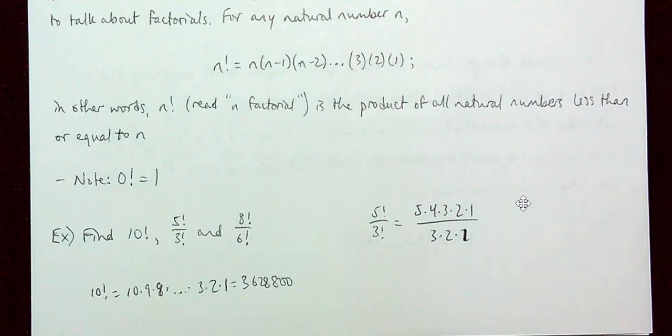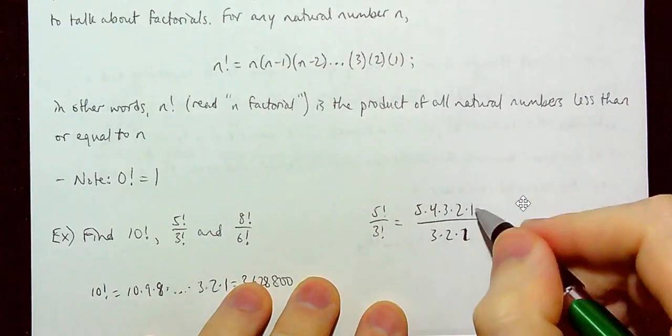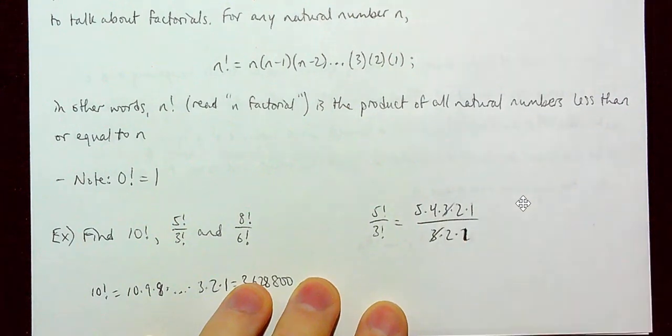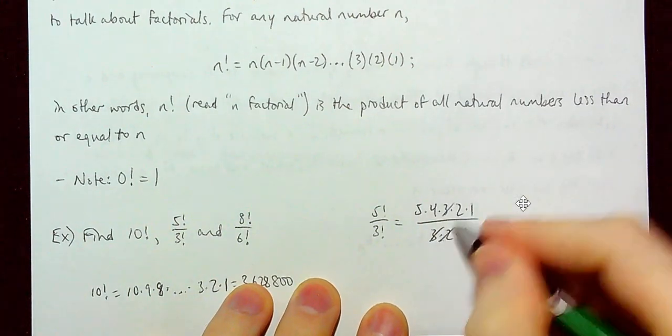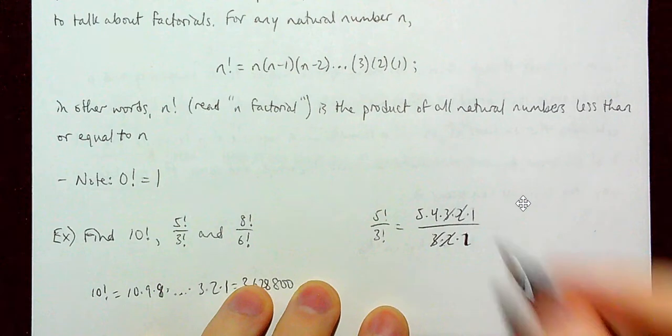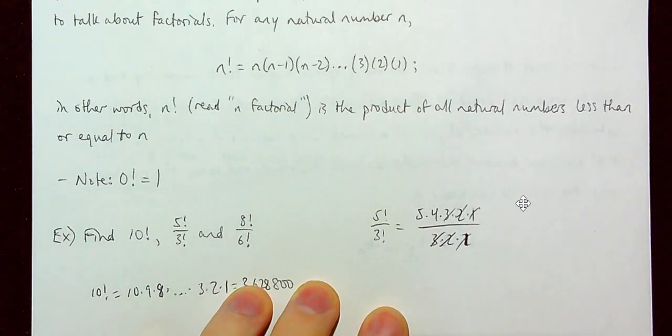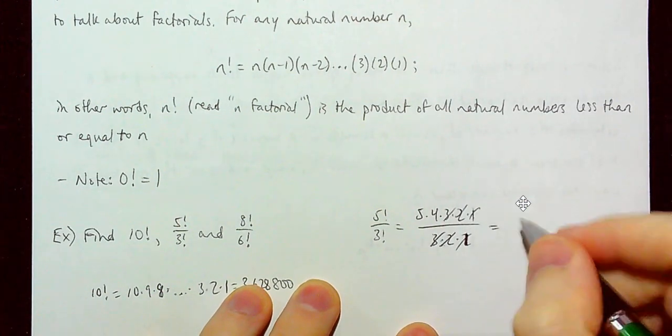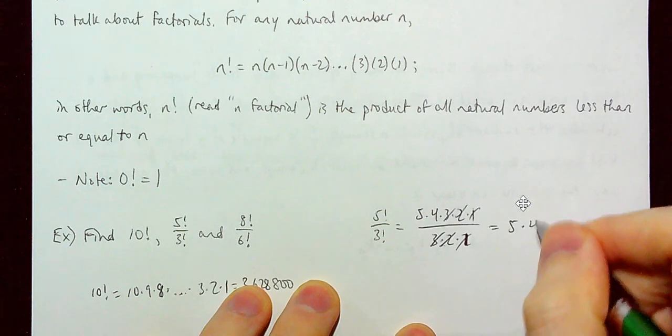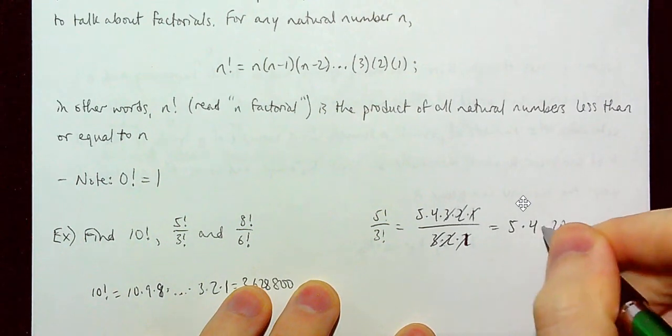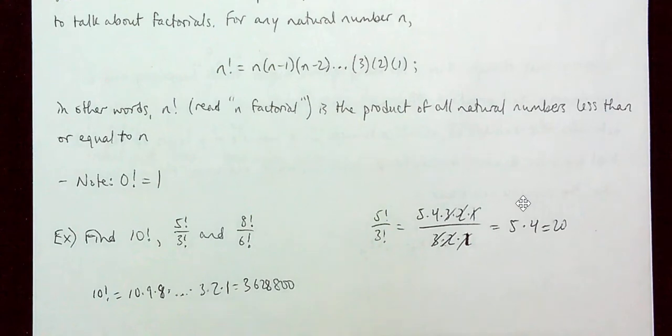Looking at the top and bottom, we have the common factor of 3, so we can cancel that out. We have the common factor of 2 that we can cancel out, and then the common factor of 1. So all this really is just 5 times 4, which is equal to 20.